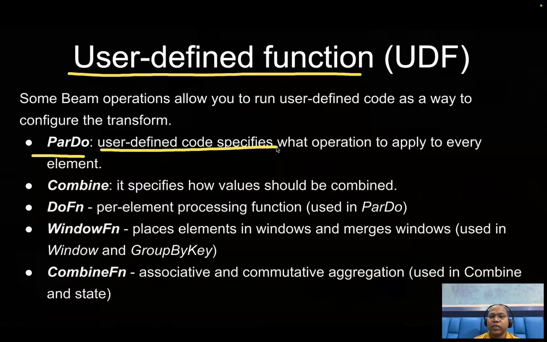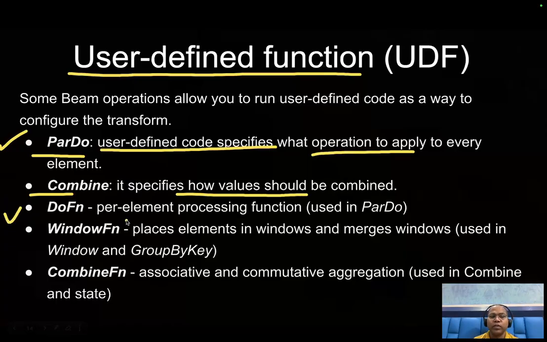User defined code specifies what operation you want to apply on every element, so whenever you want to do something specific, you can use ParDo. Or combine, where you specify how the values are combined. Similarly DoFn is a per element processing function. Whenever you want to perform a function on each element, you can implement your DoFn interface. Similarly there are window functions, windowing strategies, and combine.